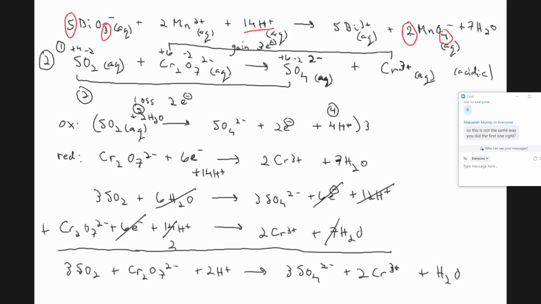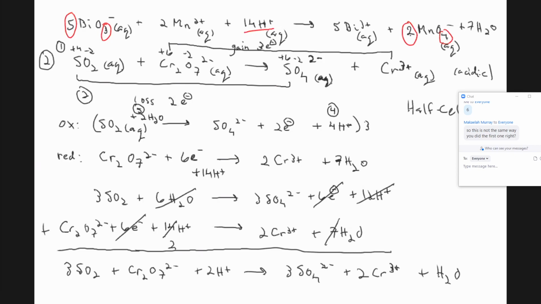Correct. I gave you the option of doing it both ways. When you guys did this in high school, I'm pretty sure your teacher made you do it this way. We call this the half cell method, where you work on each one completely.